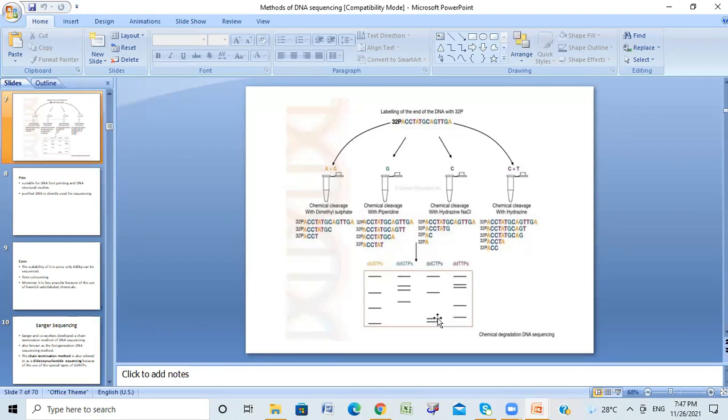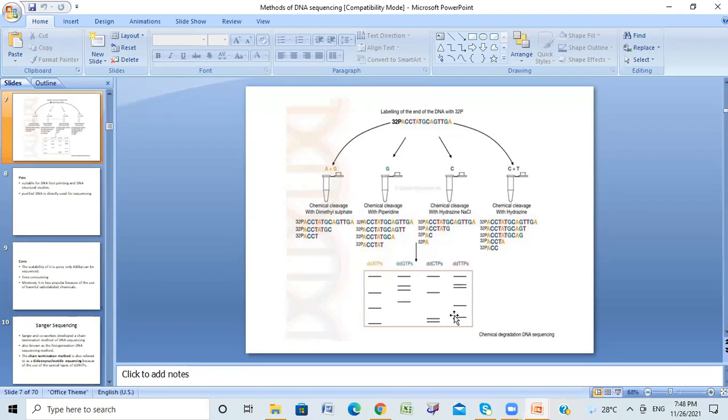When you have the bands for the C and C plus T, because you will be having only one cut at a time, you have to decide whether it is C or T. Since you get the C band, it is obvious the cut was at C. Since you are having the chemical to cleave at C and T as well, this is not for T, this band represents C. So this is how you read when you have the parallel bands.